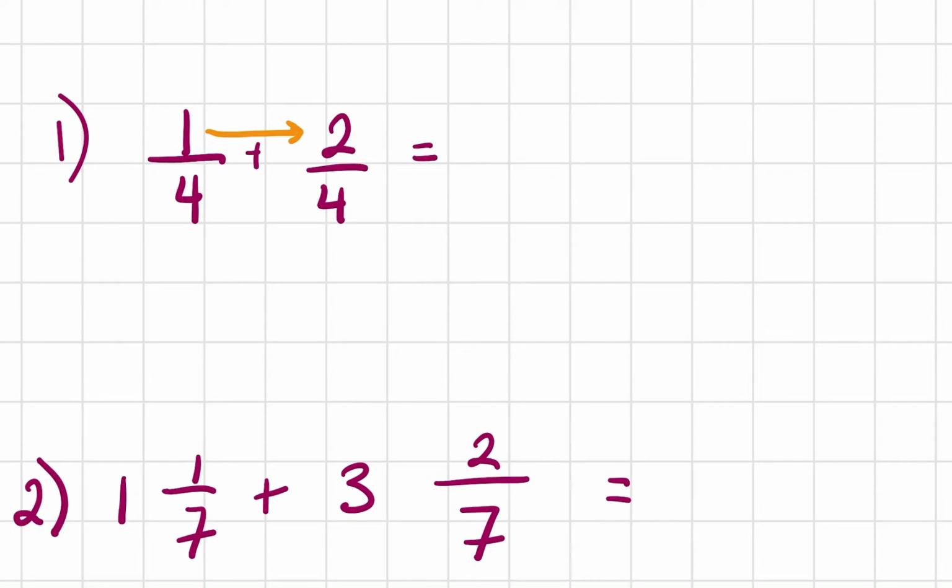Often this is a tough thing for some students to get, but you're actually only doing the top. So easily here, 1 plus 2 is 3. The other thing that I told you in the first slide was that nothing changes about the denominator. So if it was 4 from the get-go, it's 4 at the end, and the answer to 1/4 plus 2/4 is 3/4.